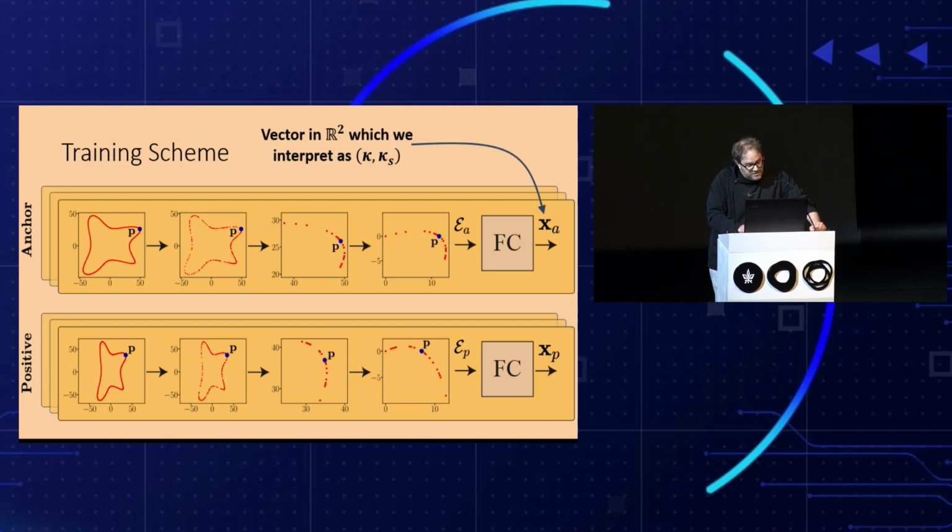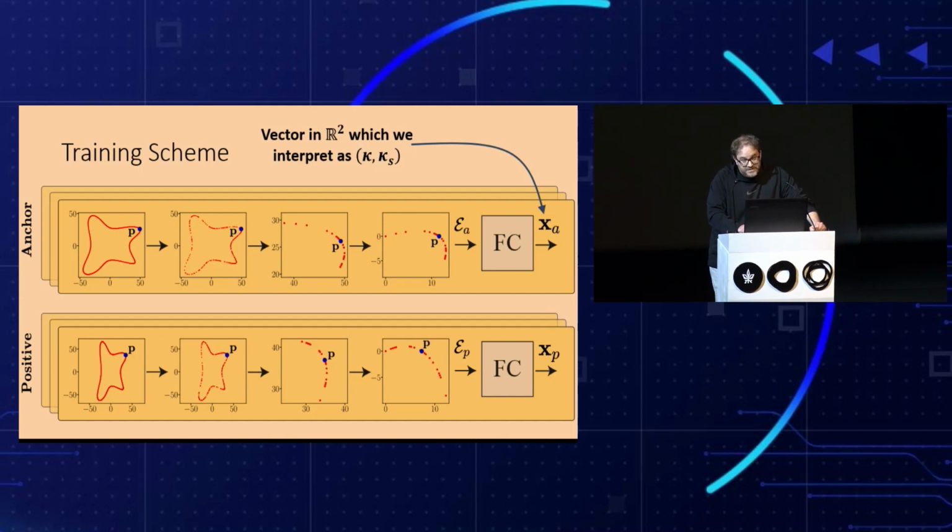We take a local neighborhood around this point P, put it in some canonical form, and feed it into the network. At the output we get a vector in R2, which we interpret as kappa and kappa S at the given point: the curvature and the derivative of the curvature with respect to arc length.